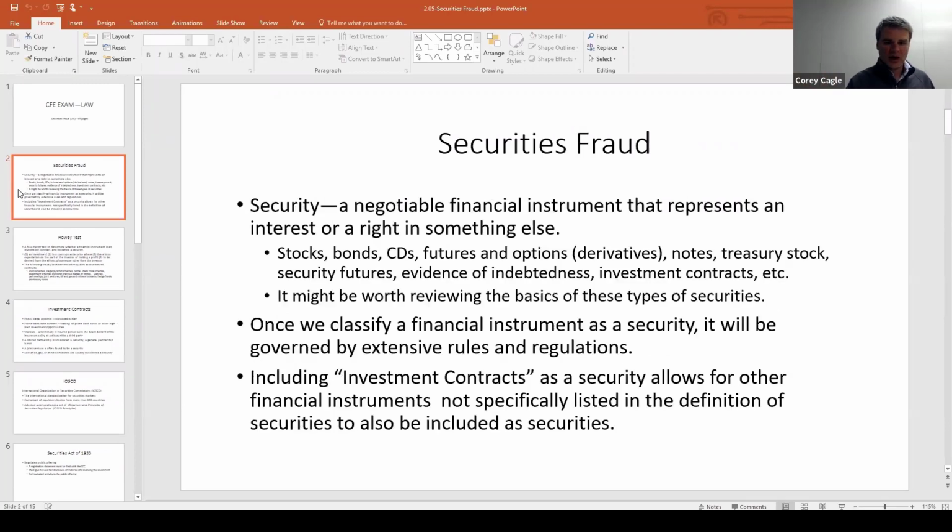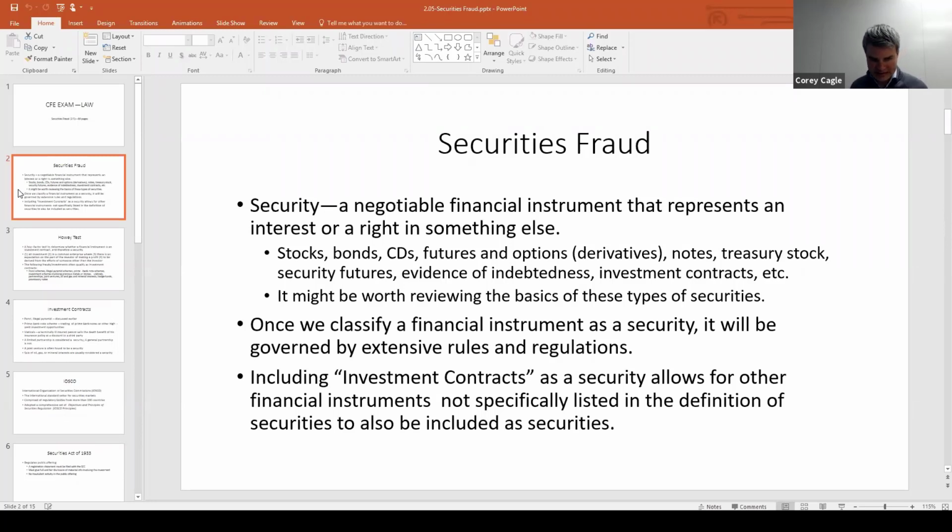So, all right, they define things for us to begin with, and they're nitpicky with some of this definition, and we have a list of things that are classified as a security, and that becomes important because certain laws apply in certain situations.